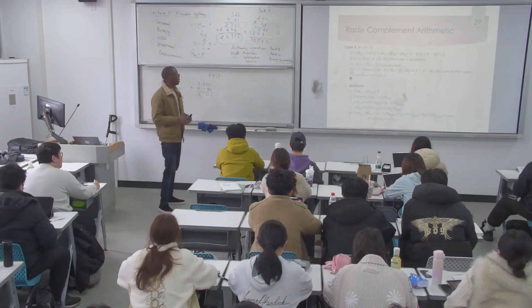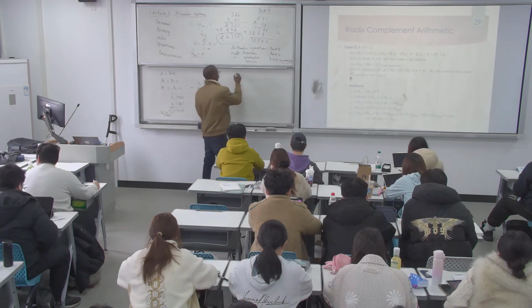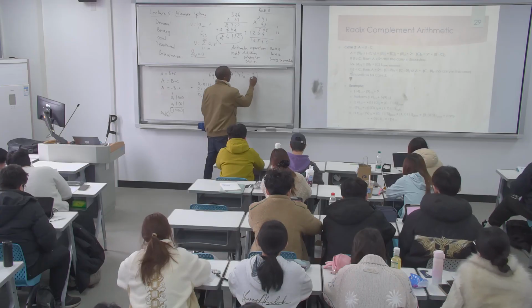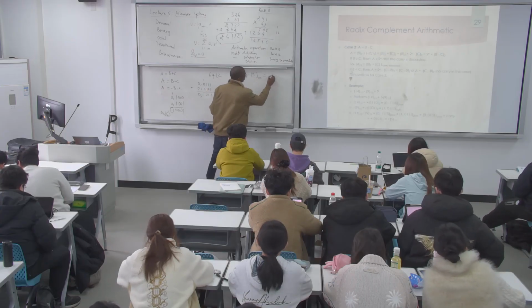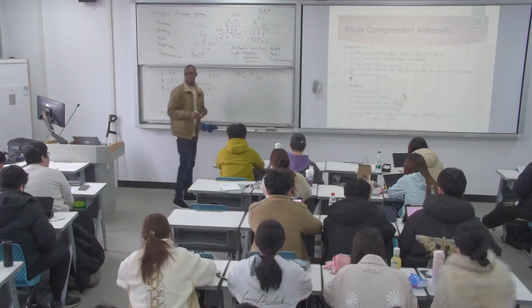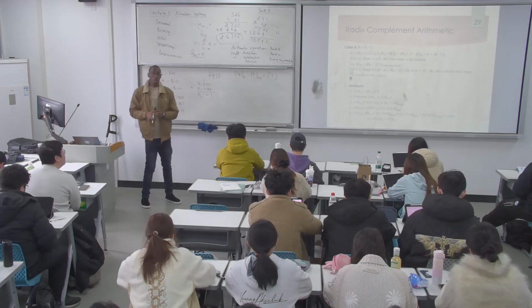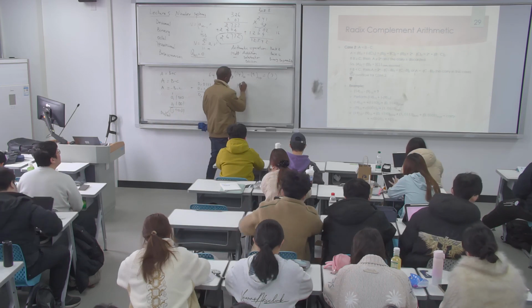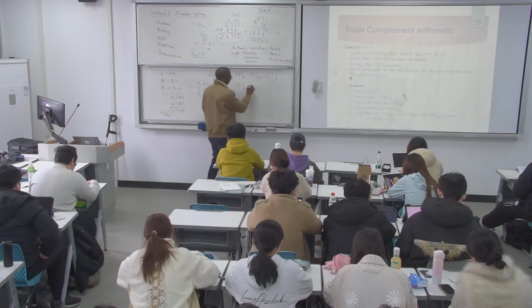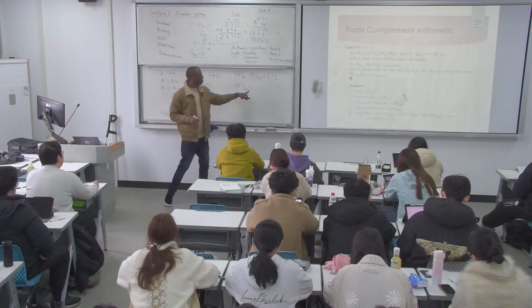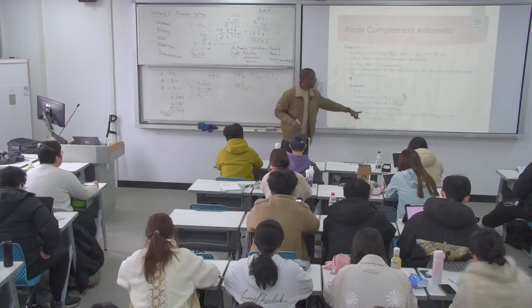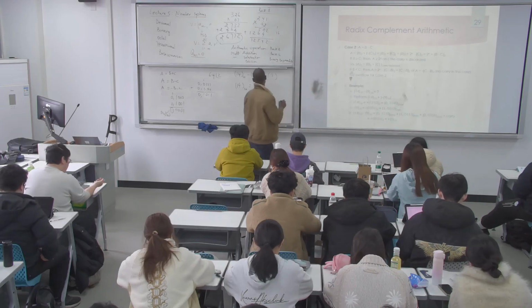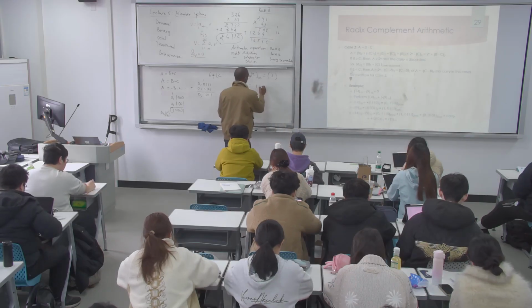So if you have 14 minus 10, how much is it? Now, we need 14 in binary. How much is 14? 1, 1, 1, 0.